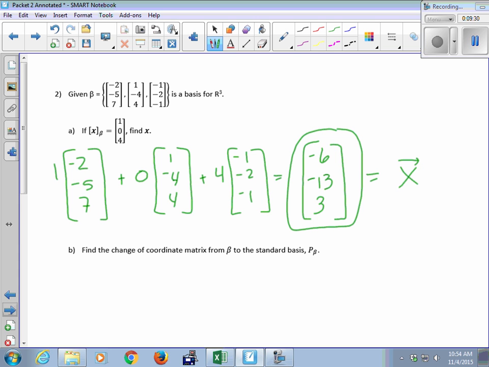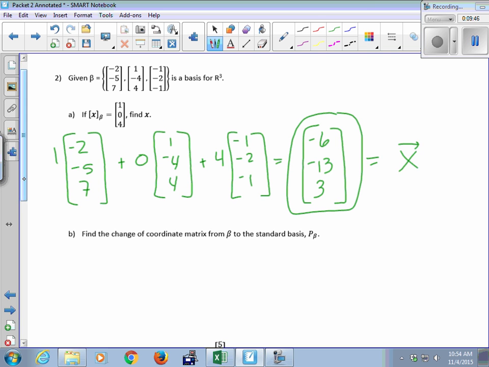The standard basis is the identity matrix, the columns of the identity matrix. Okay, so the change of coordinate matrix from beta to the standard basis is exactly what Alex was just saying. So another way of doing this problem would be to take the vectors from beta and put them in a matrix.